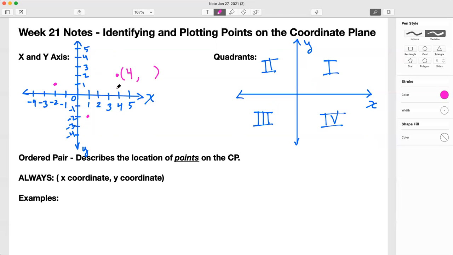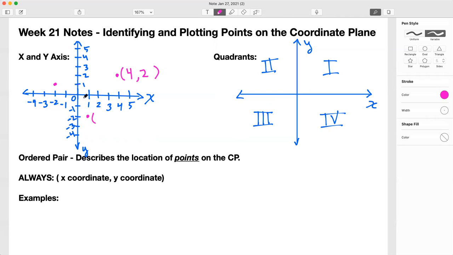Then how far did it go up or down? Okay, so there's the positive direction for the x, and then it went up 1, 2. So that is our y coordinate. So this (4, 2) is an ordered pair that describes the location of this point right here. Can you describe the location of the other 2 points?